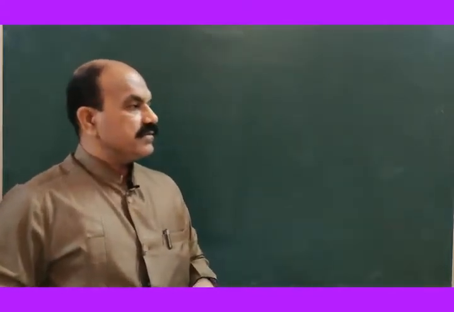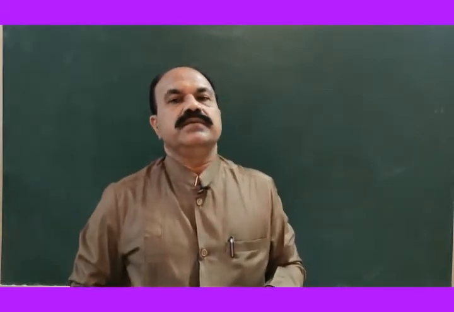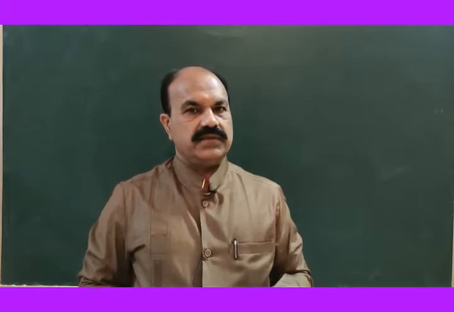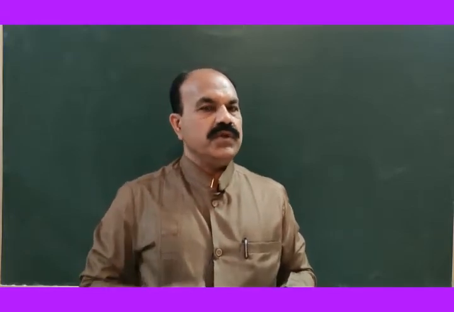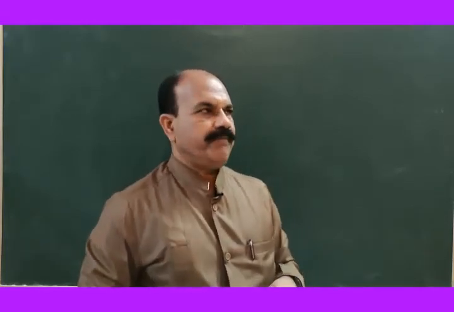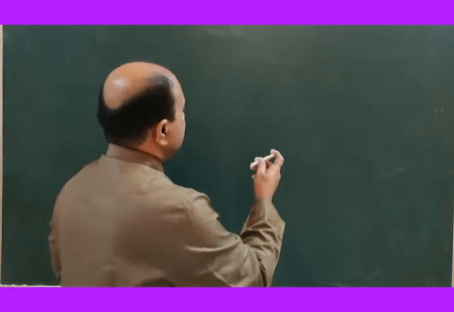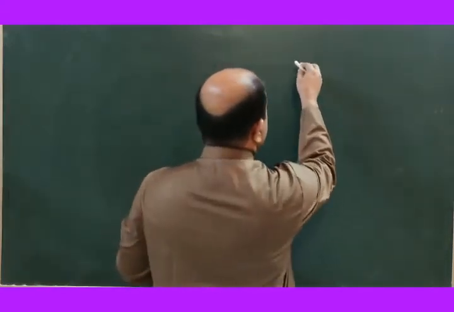Whenever we are writing an algorithm and flowchart for the product of a series, we need a series. So let us consider a series. For simplicity, let the series be this.